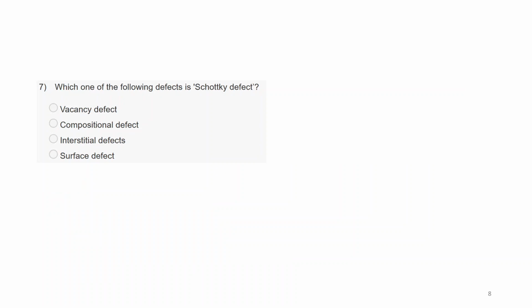Seventh question is, which one of the following defects is Schottky defect? Your options are vacancy defect, compositional defect, interstitialcy defect, or surface defect. So your answer will be vacancy defect.